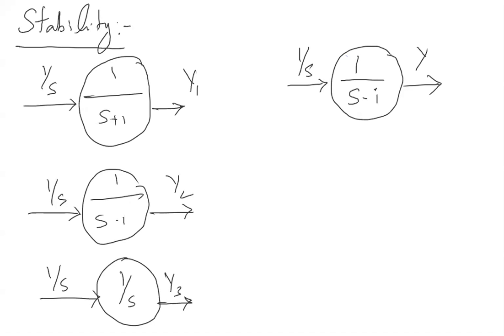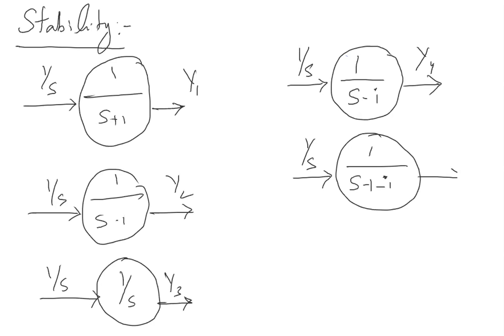Let's say this is y4, 1 by s minus 1 minus i, 1 by s into y5.